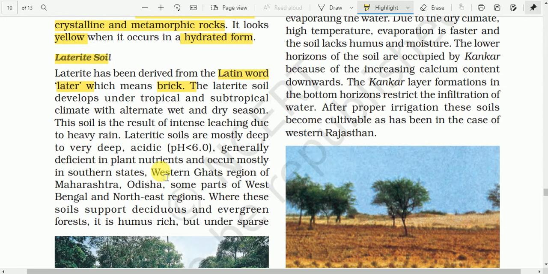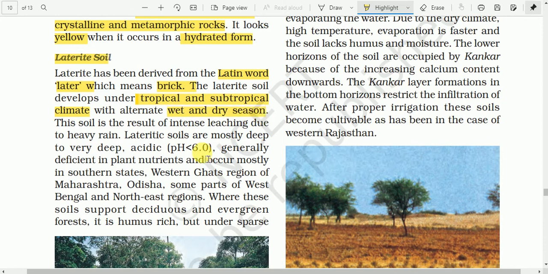The laterite soil develops under tropical and subtropical climate. It is formed in the areas of very hot climate with alternate wet and dry seasons.